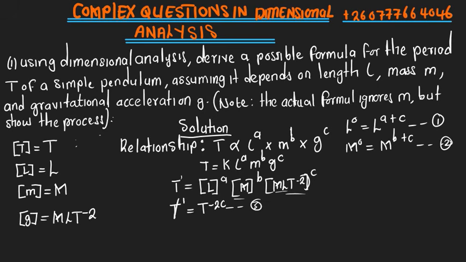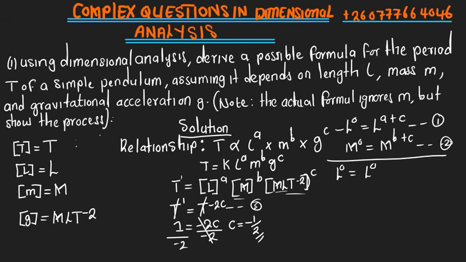From this equation, we can find the value of C. So this is going to be 1 equal to negative 2C, so divide by negative 2 over negative 2. And of course, our C is going to equal negative 1 over 2. Then we use the first one. So if we're using the first one, we are going to say L to the power 0 is equal to L to the power A plus C.